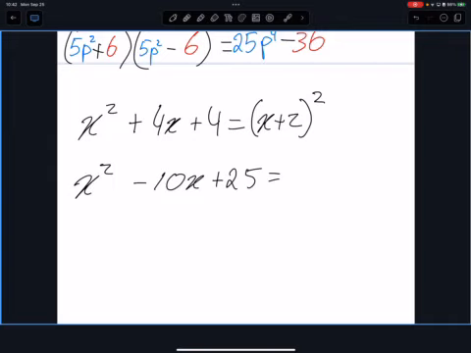Two numbers added together is minus 10. Minus 5, correct. X minus 5. When I add minus 5 and minus 5, it's minus 10. Two numbers added together, minus 10. Two numbers multiplied with each other, positive 25.